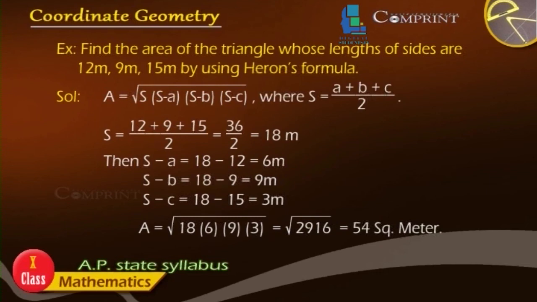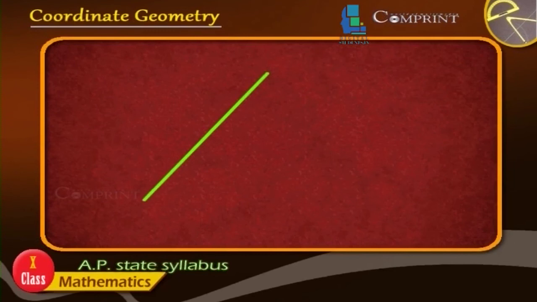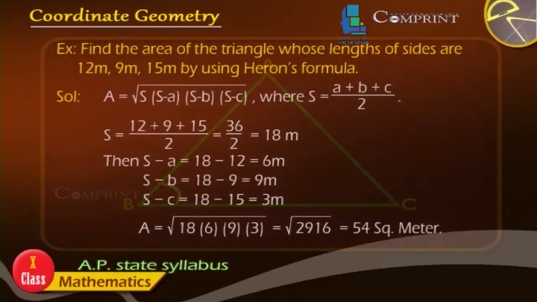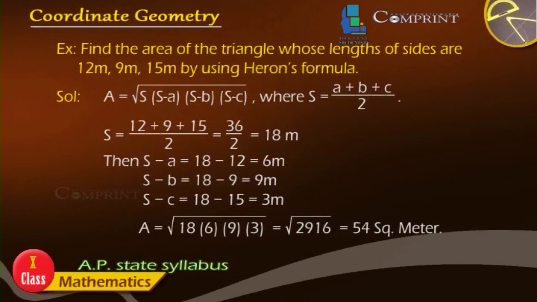Solution: A = square root of s (s - a)(s - b)(s - c), where s = (a + b + c)/2. s = (12 + 9 + 15)/2 = 36/2 = 18 meters.